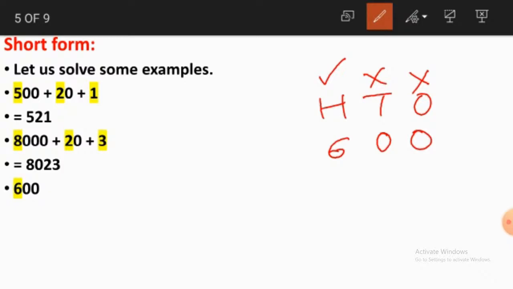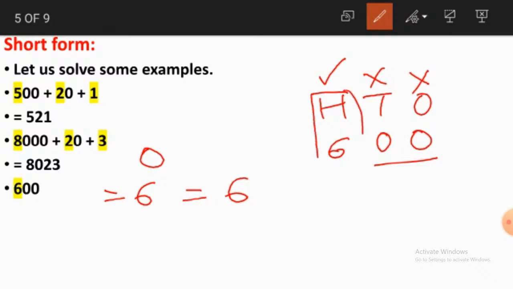What will happen if we do not write zeros and simply write 6 as the answer? If we write 6 as the answer, 6 will be in ones place and its place value will be 6. But in the question, the place value of 6 is 600. Now the place value of 6 in your answer and in the question will not match.